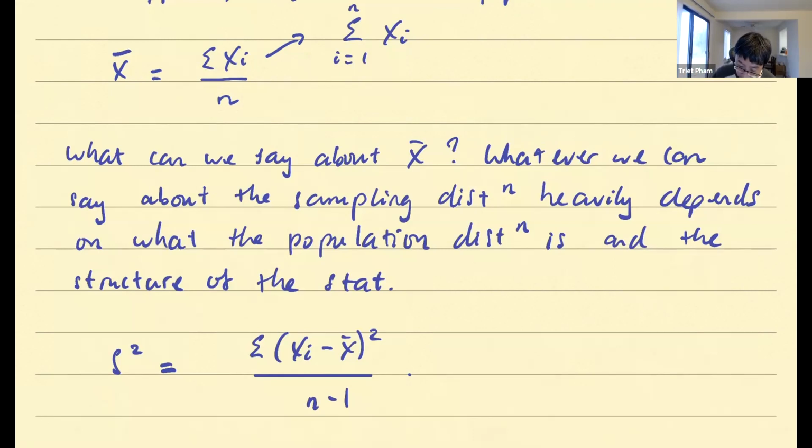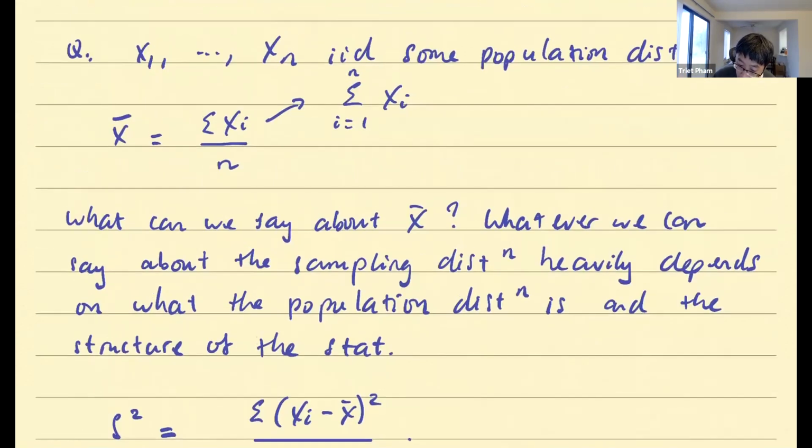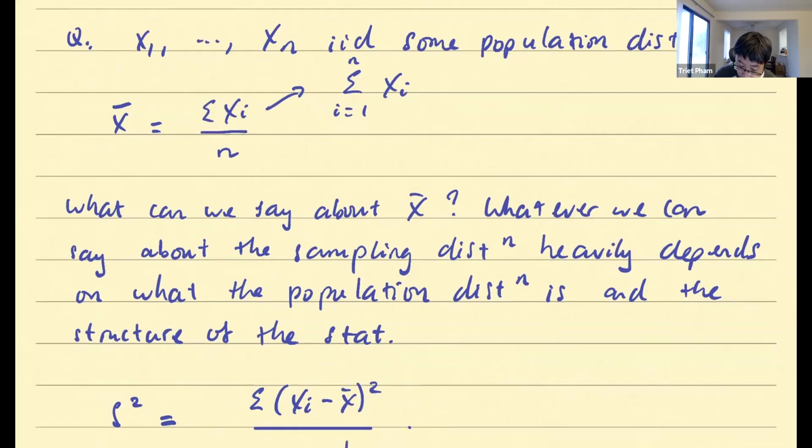So back to X bar, right? What can we say? I did not specify the population distribution yet, and there's a reason for that. Interestingly enough, there are always things you can say about X bar without explicitly specifying the population distribution.